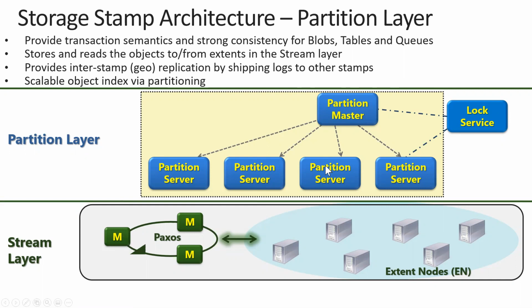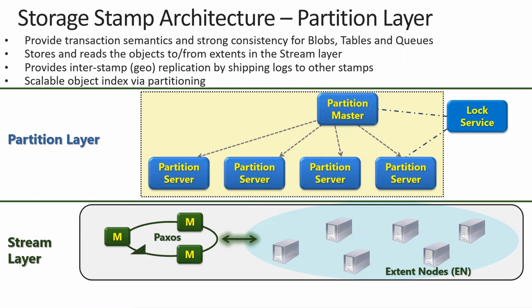Another use of the lock service is that every partition server has to acquire a lease from the lock service and keep on renewing the lease to let it know that this partition server is active. If it is not able to renew the lease, then the partition master considers that partition server dead, and assigns that partition server's data to some other partition server, which will then serve that piece of the partition.